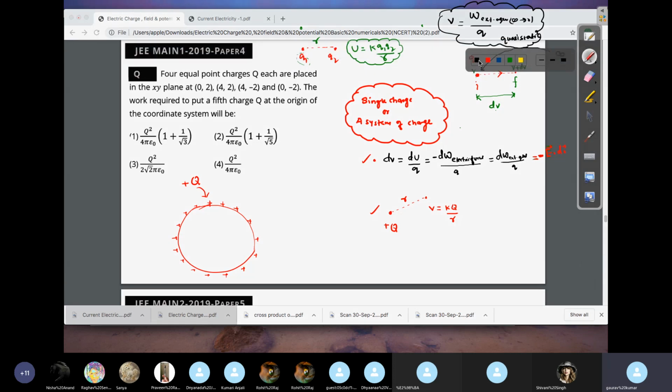See, what we'll do. Let's say at any moment we'll believe that the charge on this is plus Q. So at this stage, if I ask you what is the potential of this spherical surface, you know that at this point the formula is K Q by R. This is the formula of V at this moment.